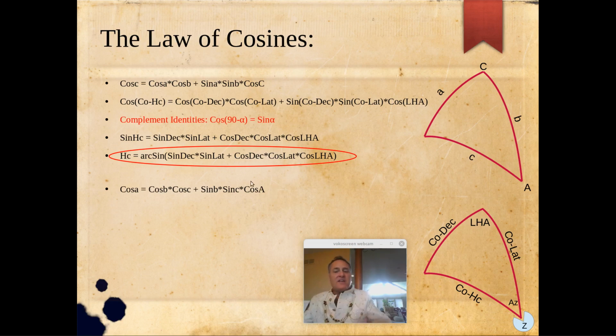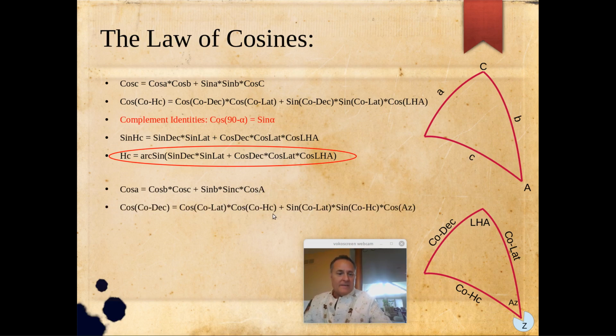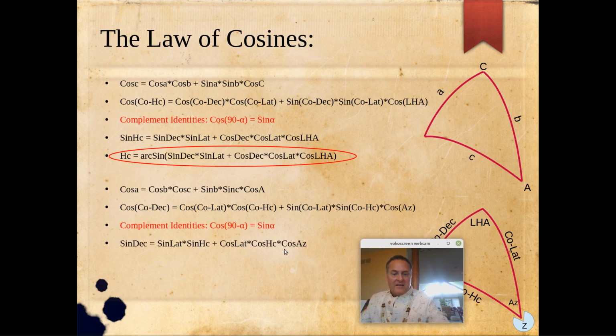And I'm actually interested in this value A right here. So I'm going to rearrange the equation here in a minute. But first I'm going to recognize that A, that's this, is the codeclination. So I plug in all those same values from here. And then I simplify using the complement identities to this. And what I'm interested in, again, is the azimuth angle here, and ultimately the zenith angle.